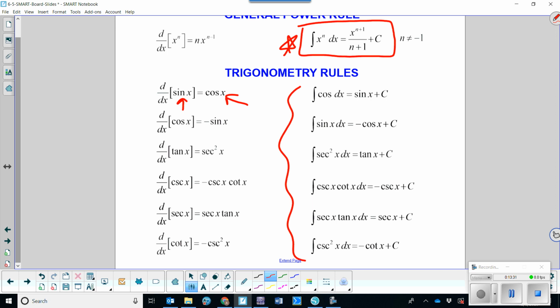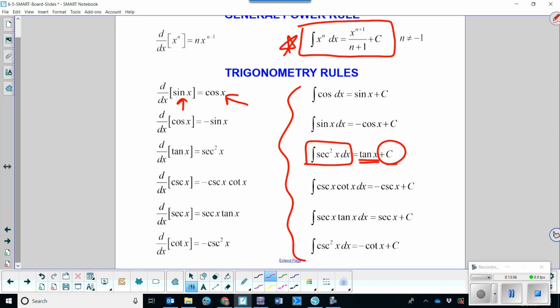Sine. So if I know all of my derivative formulas, then there's nothing to these. I would immediately recognize this, because it's asking me, what did I take the derivative of? The answer is secant squared. So I should know that it's tangent x. And then, of course, always plus c, etc.